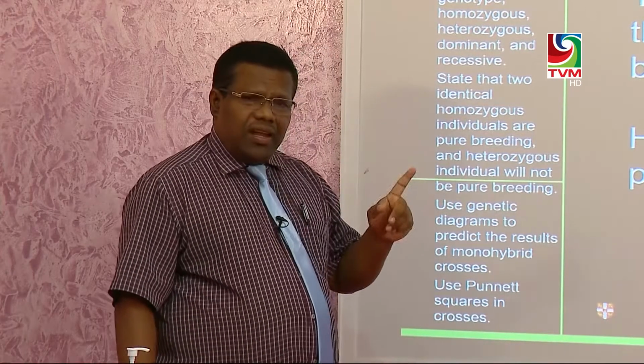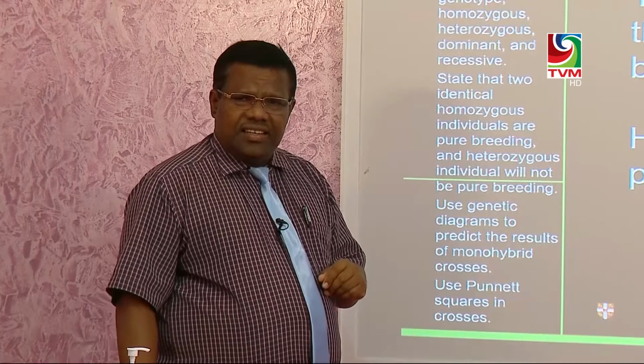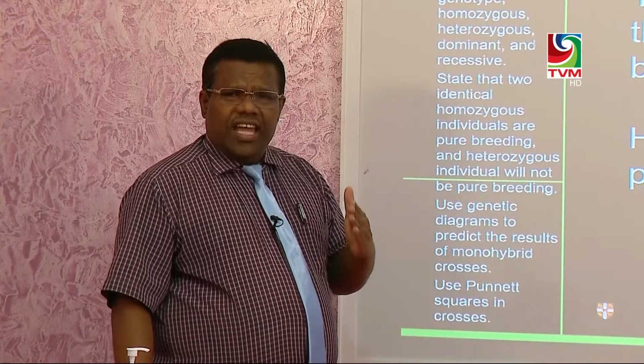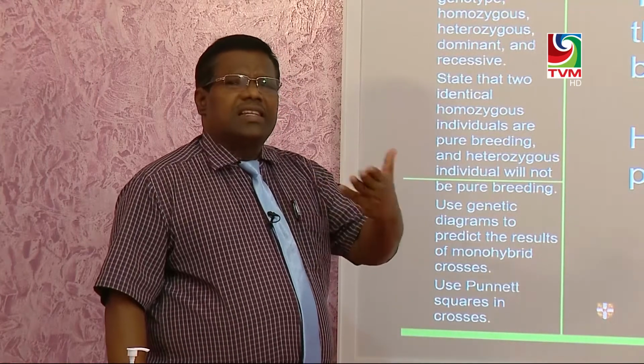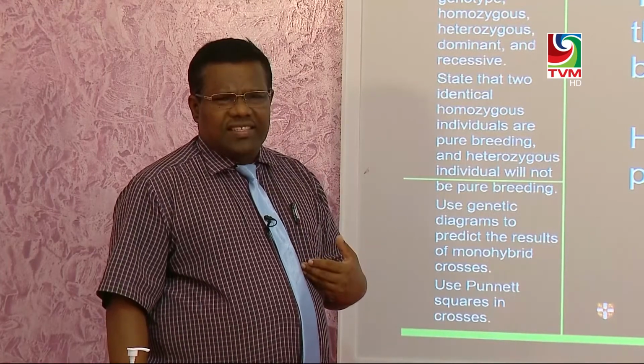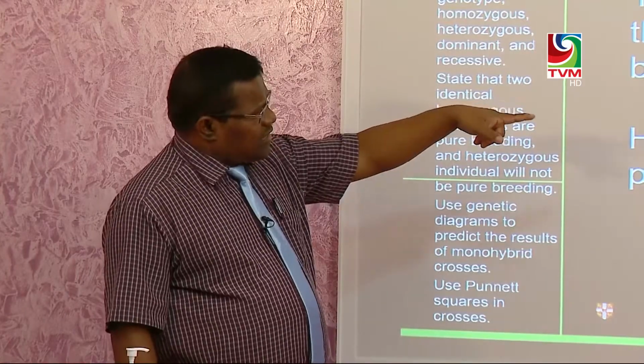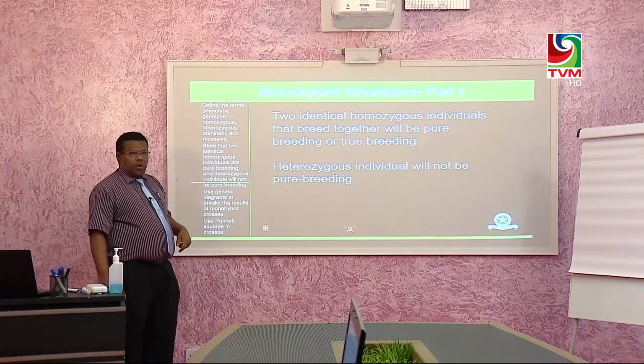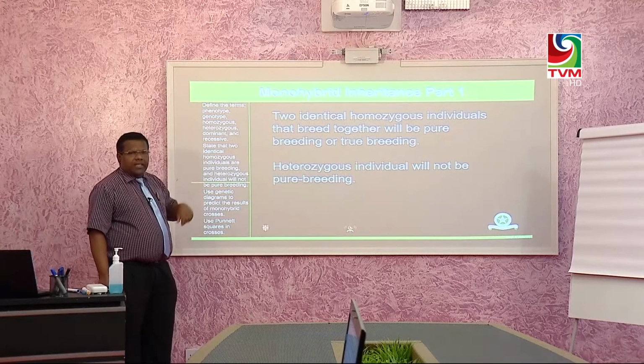Homozygous means having identical alleles, and they will pass only those alleles to the next generation. They are not having two different alleles. That is why they are said to be pure breeding type or true breeding type.